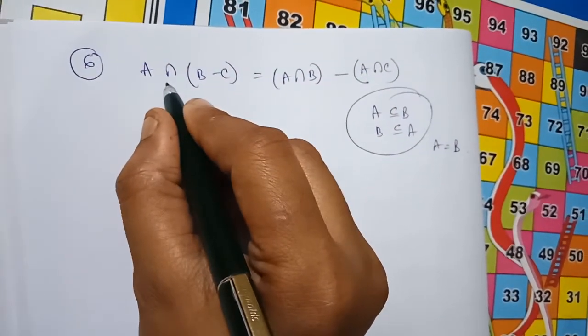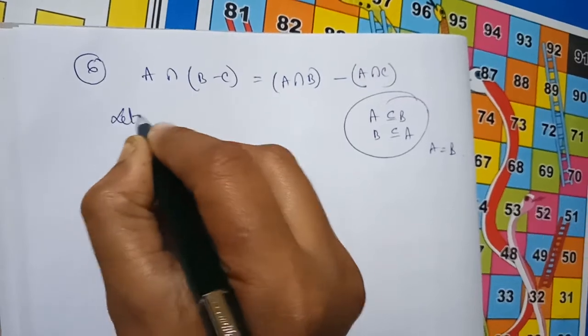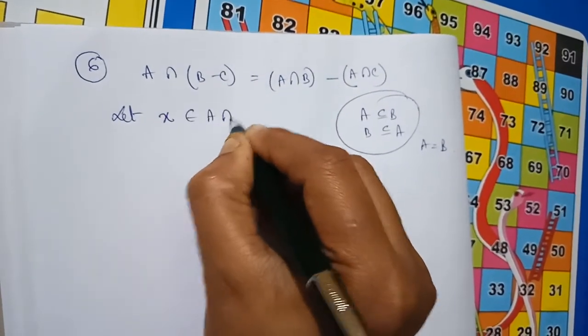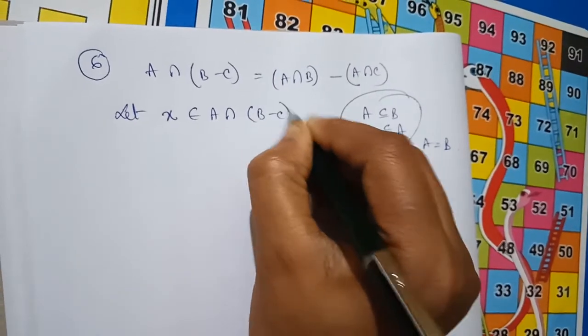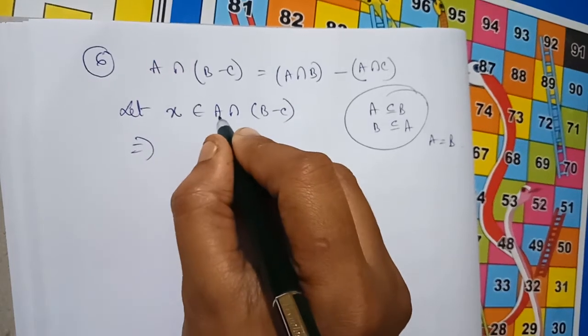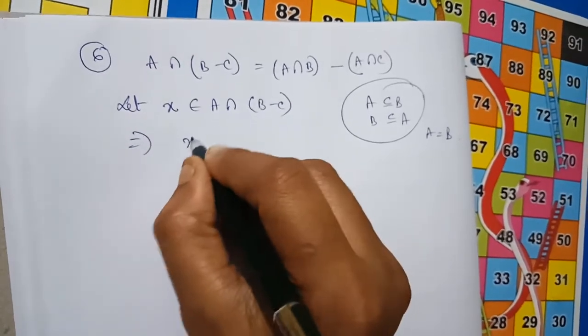We will always start with an element from the left hand side part. So x belongs to A intersection (B minus C). Intersection means x belongs to A and x belongs to B minus C, right?